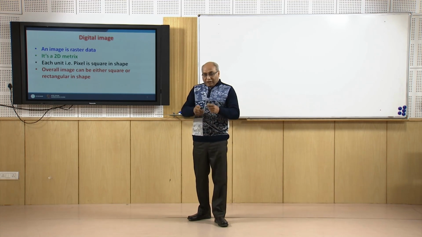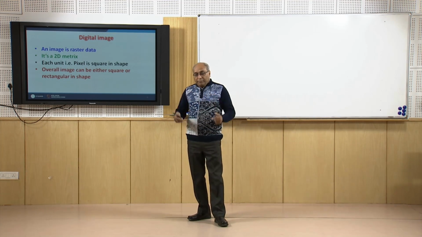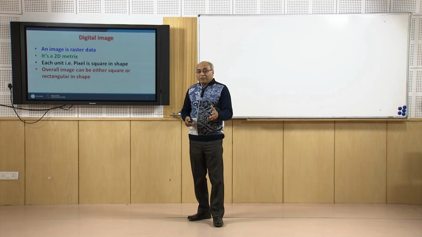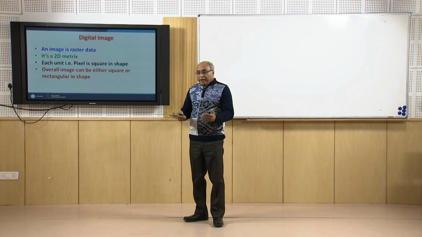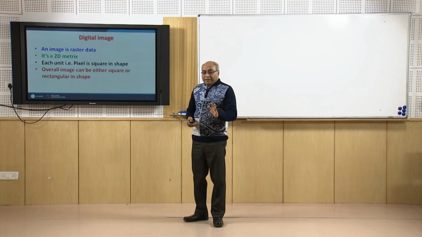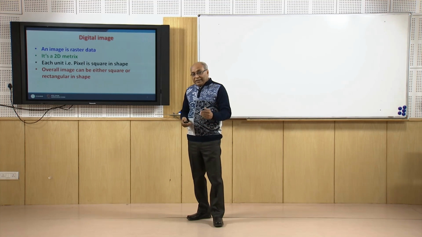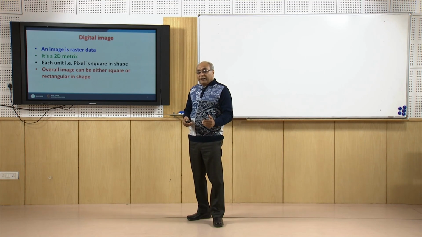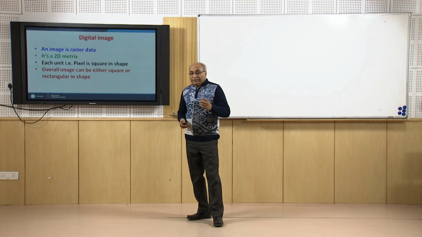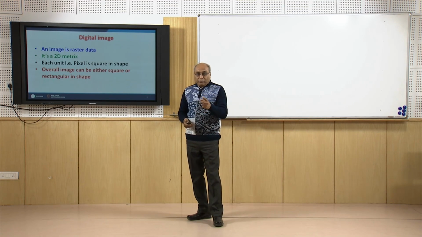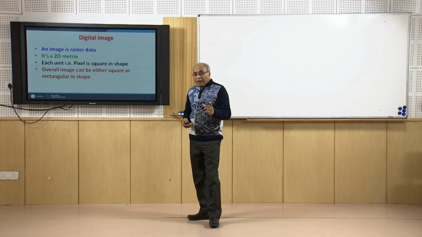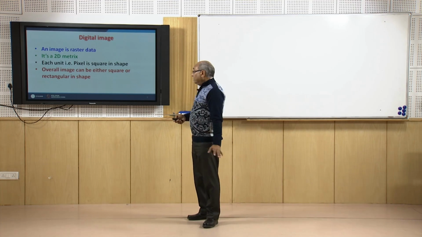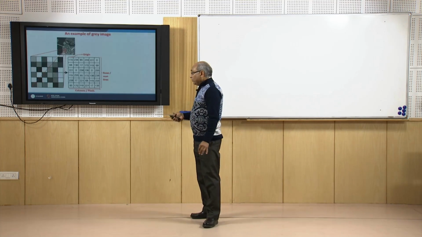The areas which are beyond the circle but within the rectangle or square are assigned a no data value, and generally if we display it on the screen, it is given the same value as the background, and therefore we do not see anything there. So we feel that the image is circular, but in fact in the computer an image can only have two shapes, either rectangular or square. However, the unit of an image is always square in shape.